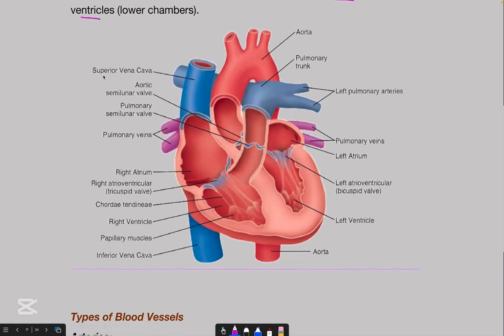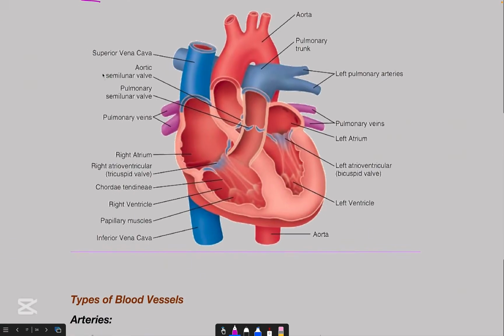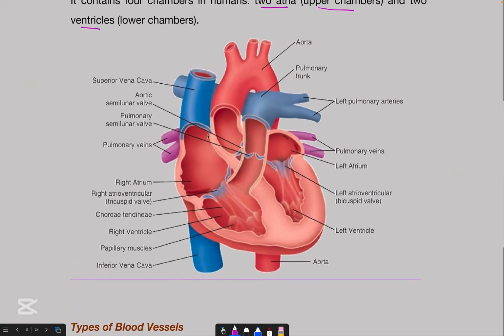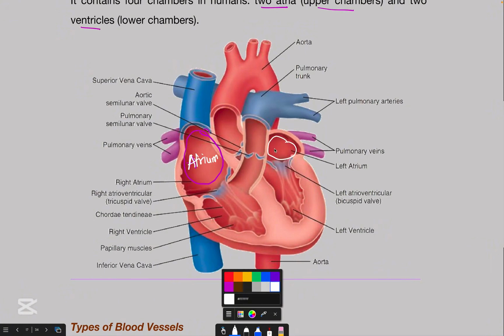If you look at this diagram here, you can actually see the chambers of the heart. This place here is an atrium. This is one of the atria we are talking about. Here is another atrium. We have the right atrium and the left atrium.